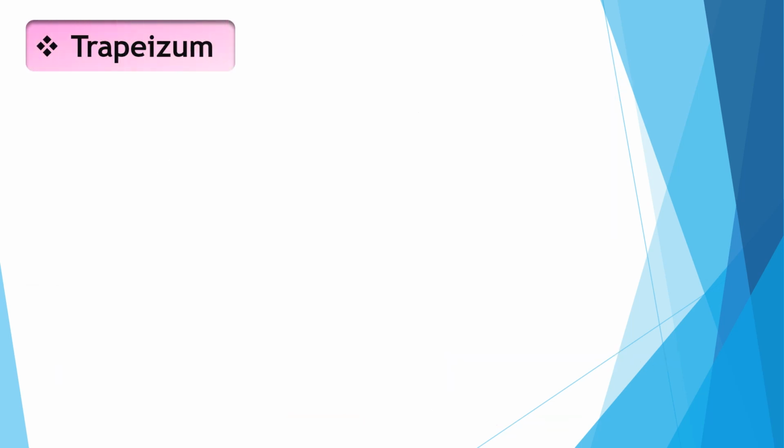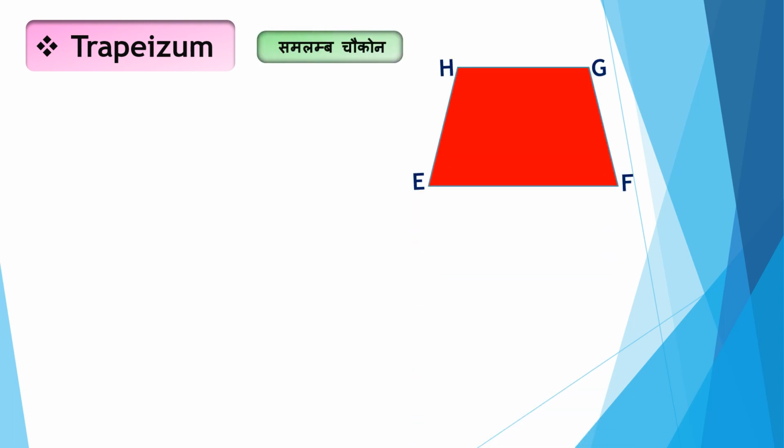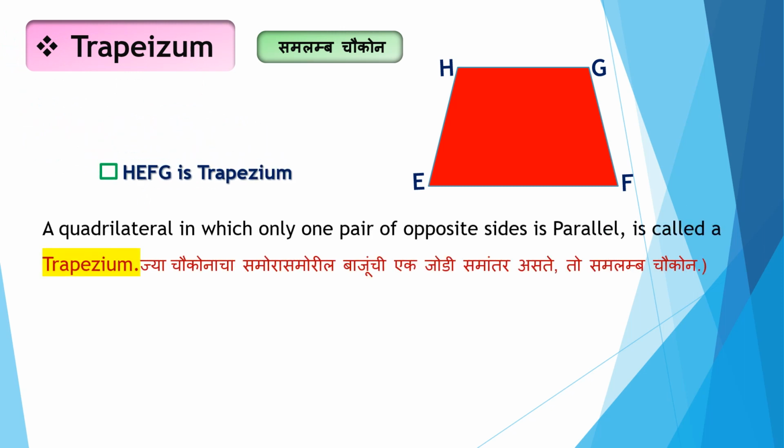Now we see another type, that is trapezium. Here we see a figure of a trapezium. Quadrilateral HEFG is a trapezium, a quadrilateral in which only one pair of opposite sides is parallel is called a trapezium.